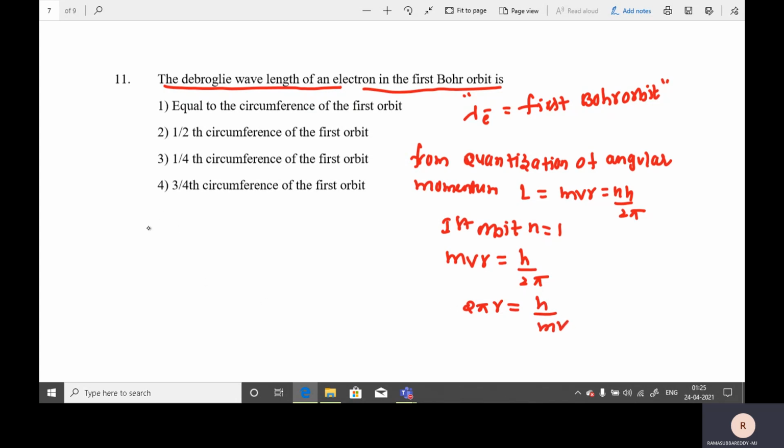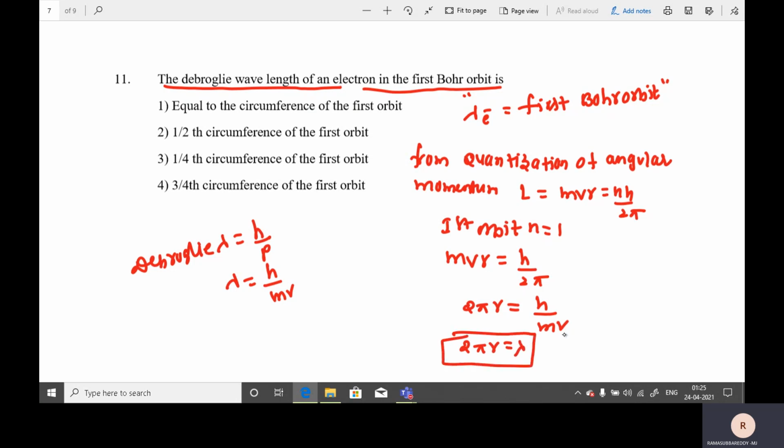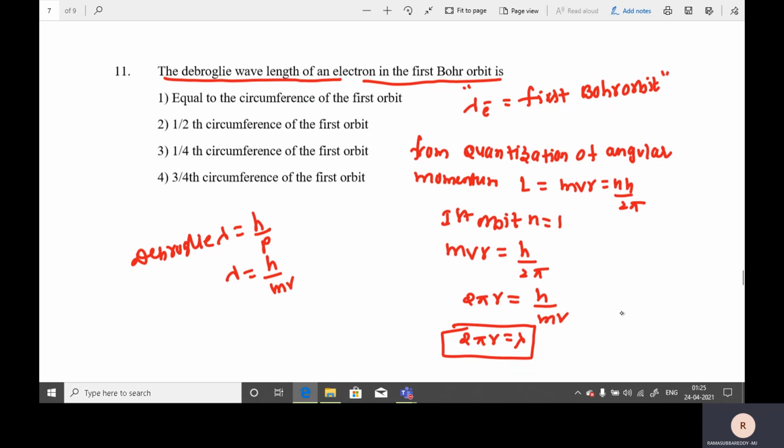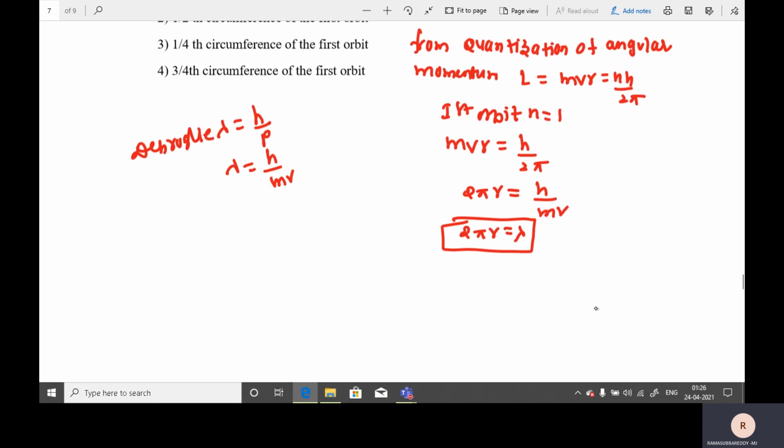Now what is de Broglie's wavelength? Lambda is equal to h by p, where p is the momentum m into v. Now if we substitute, 2 pi r is equal to lambda. What does it mean?